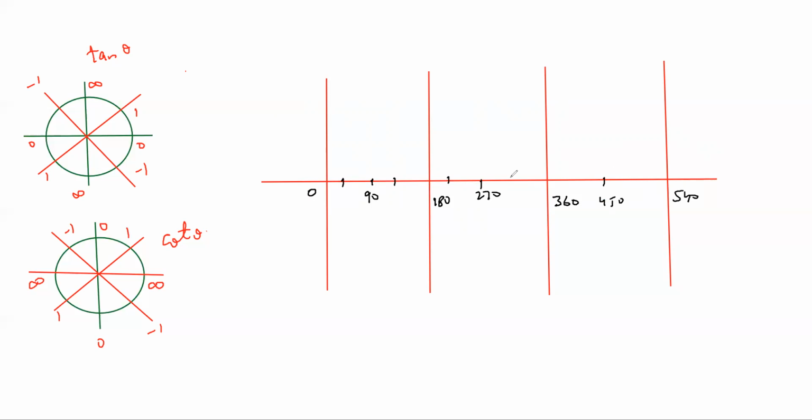So cotangent is infinity at 0, and then you have 1 here and minus 1 here. Now look at how this graph would be drawn. This is coming from infinity, 1 here, and then minus 1. So this will be coming from infinity and going to go like this. Okay, 1 here, minus 1 here, coming from infinity.